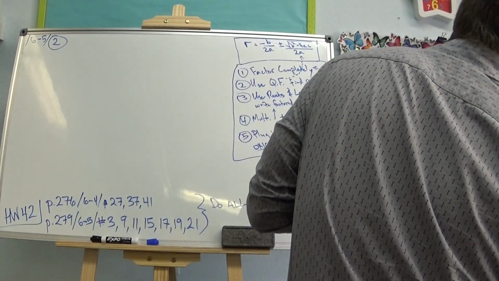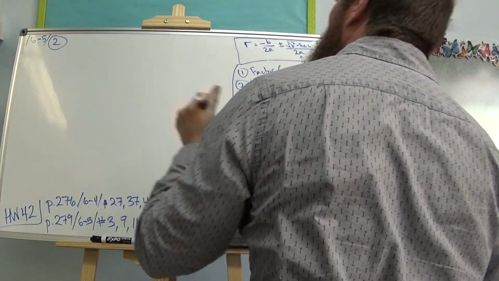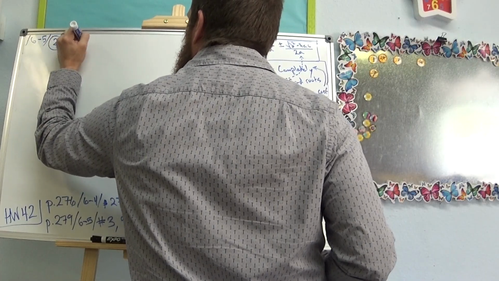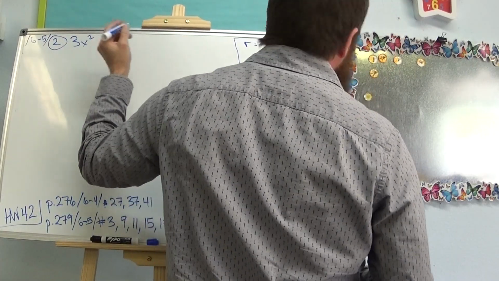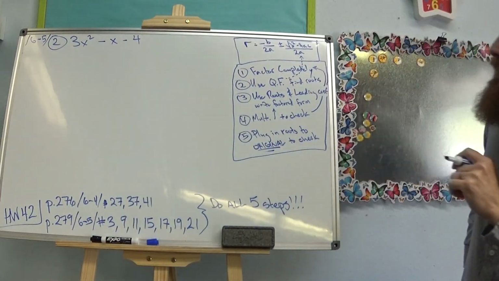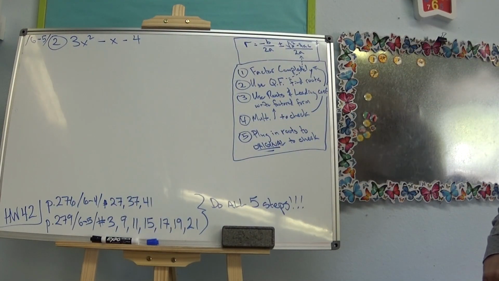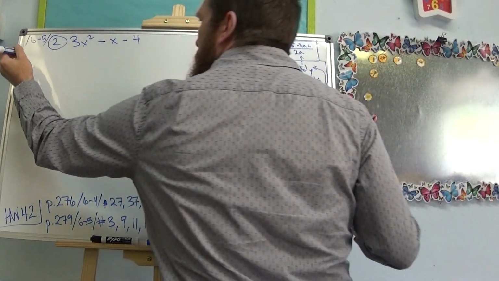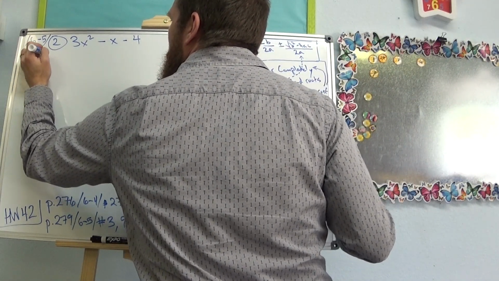So from section 6.5, problem number 2, it gives you 3x squared minus x minus 4. So the first thing we're going to do is factor it completely. Okay, so step 1, factor completely.